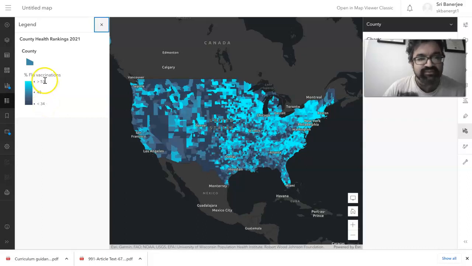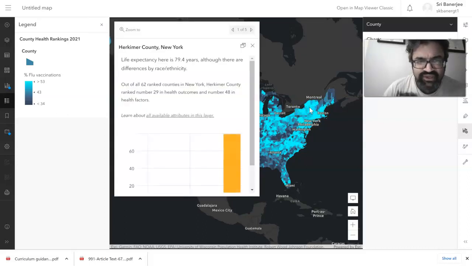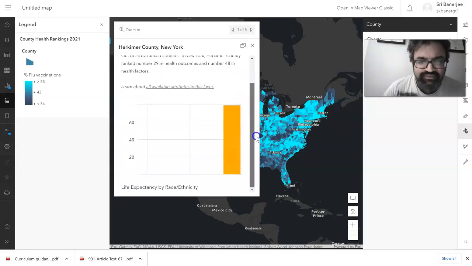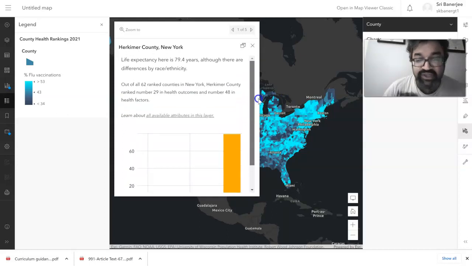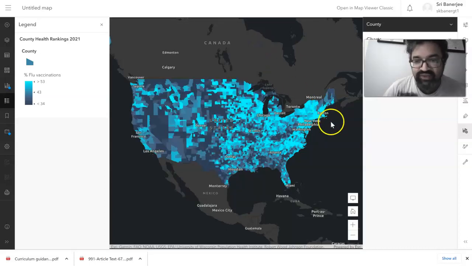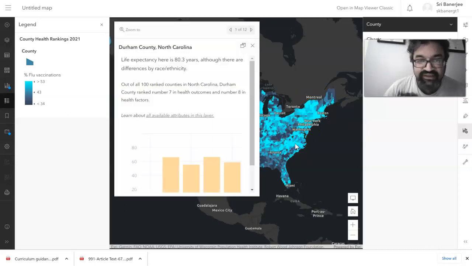So when you see blue, and let me back up a little bit. When you're seeing light blue, that's only greater than 53%. So in some places, when it's blue, well, in Herkimer County, New York, it's over 60%. So there's actually a wide range, even in the light blue, in that there's actually differences.